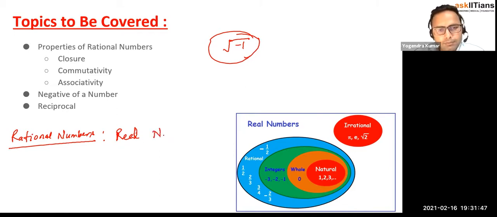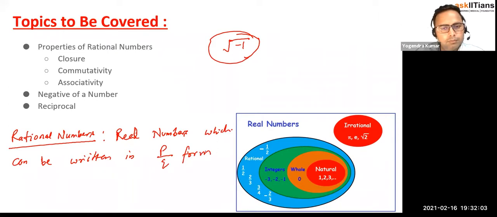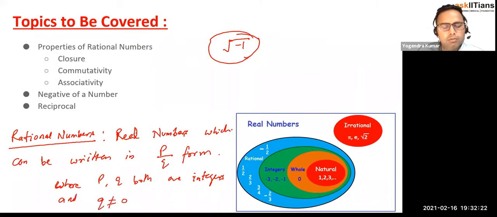So real numbers which can be written in p by q form, where p and q both are integers and q is not equal to 0, because the numerator integer could be 0 also, but the denominator cannot be 0.